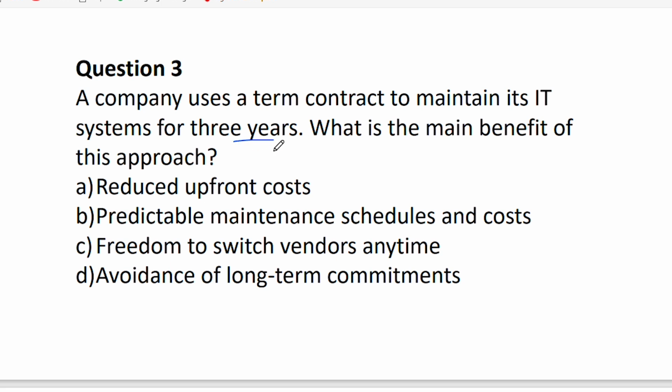Well, 3 years, no. What do you mean by long-term commitment if you're already in a 3-year deal? The thing is, with these 3 years, you can predict the schedule and the cost because that contract will chart out all those things that are in that particular deal.